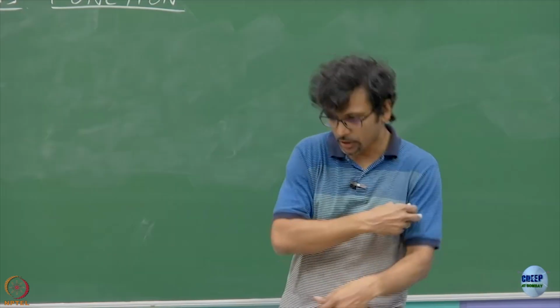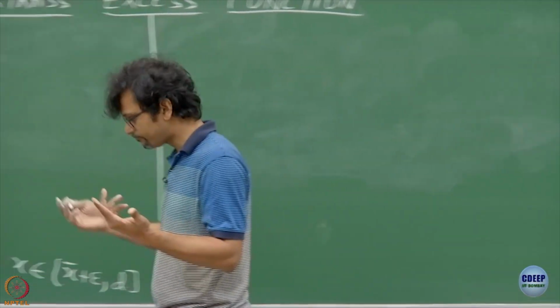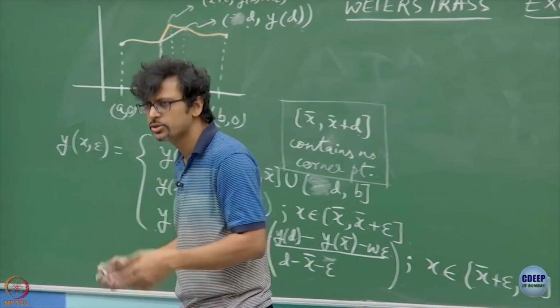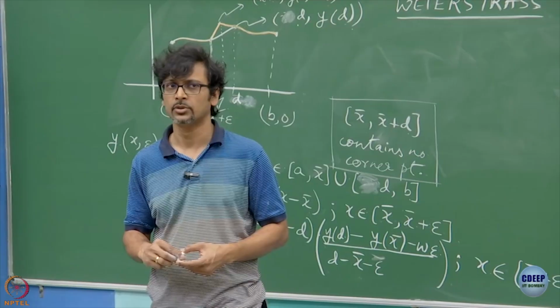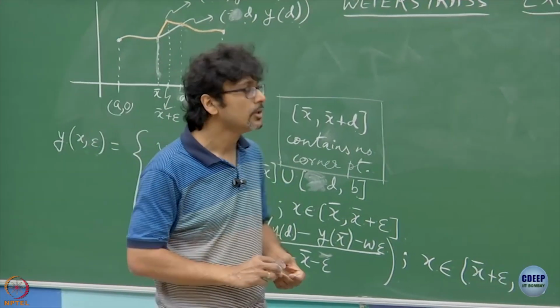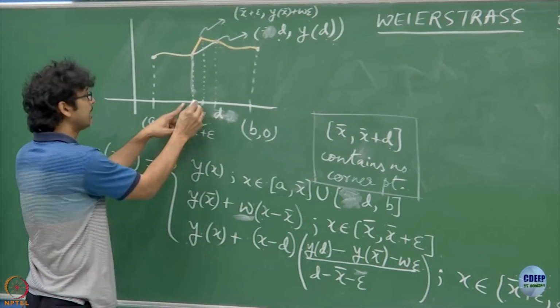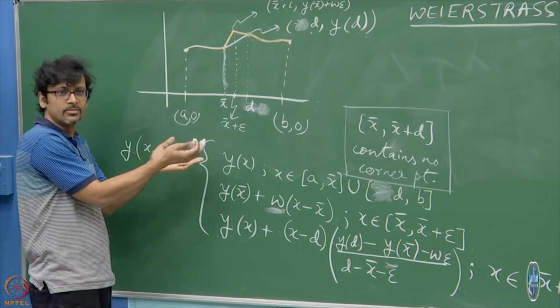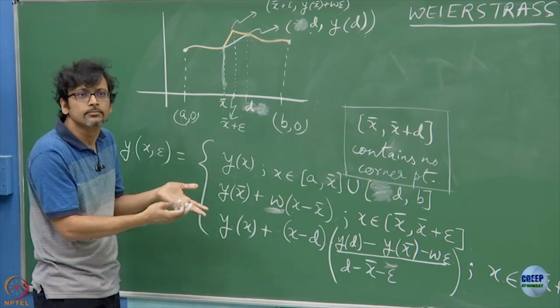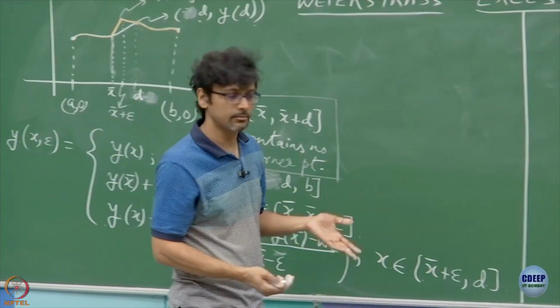So essentially, if you're now going to vary epsilon along both positive and negative values, what's going to happen? If you have negative values, then you have to build an interval on the left of x bar. Similar things can be done. So what happens then?